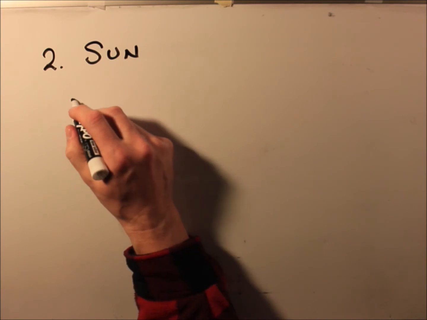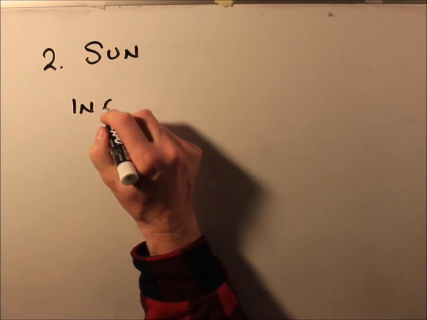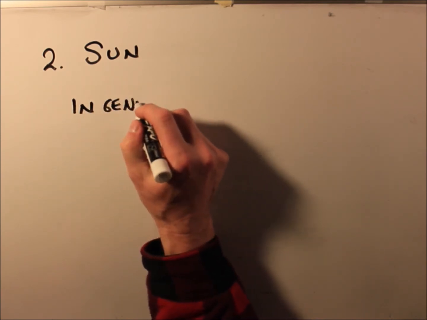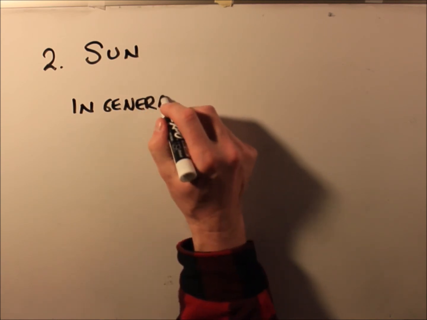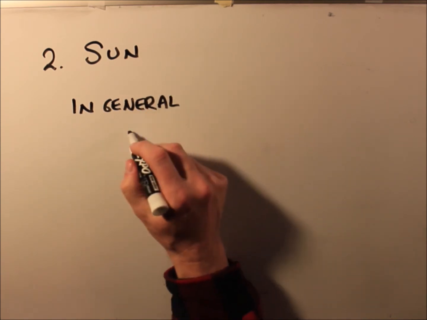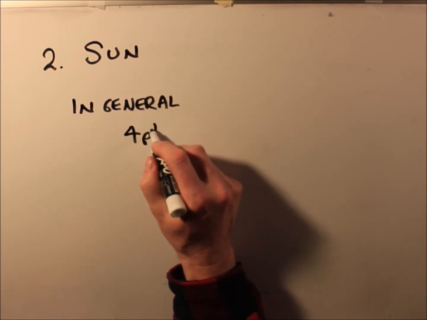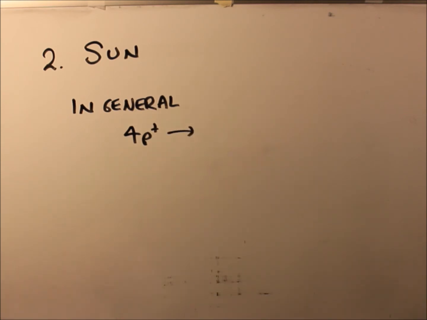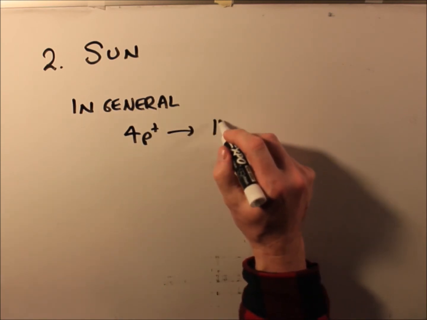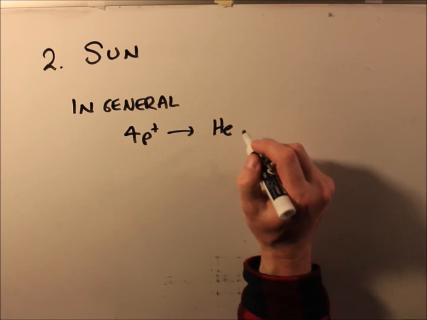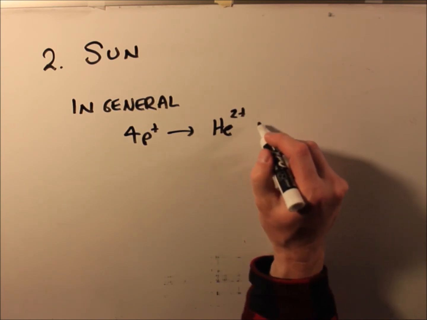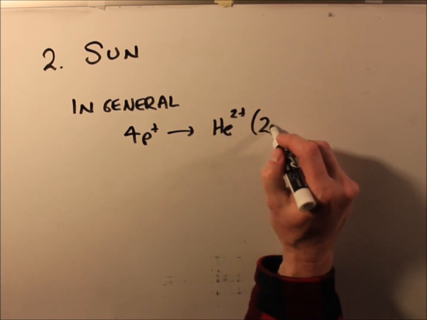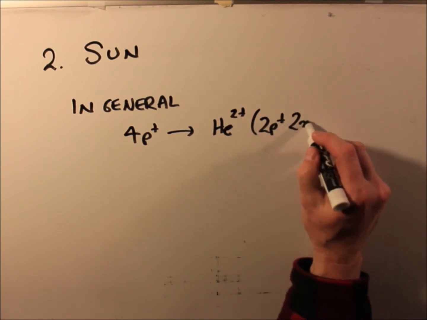And in general, we take 4 protons and they are combined to make 1 helium nucleus, which is 2 protons and 2 neutrons.